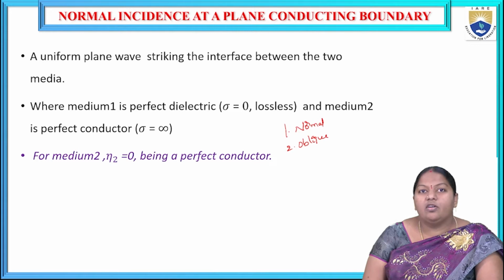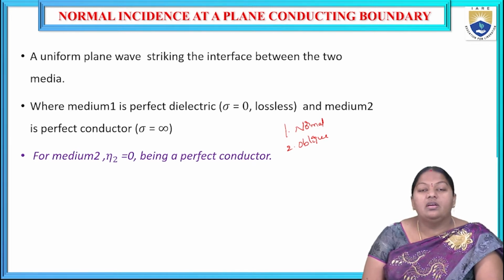In the normal and oblique incidence cases, we will discuss two cases: normal incidence at a plane dielectric boundary and normal incidence at a plane conducting boundary. Similarly, in the oblique incidence case also, we have two different cases: oblique incidence at a plane dielectric boundary and oblique incidence at a plane conducting boundary.